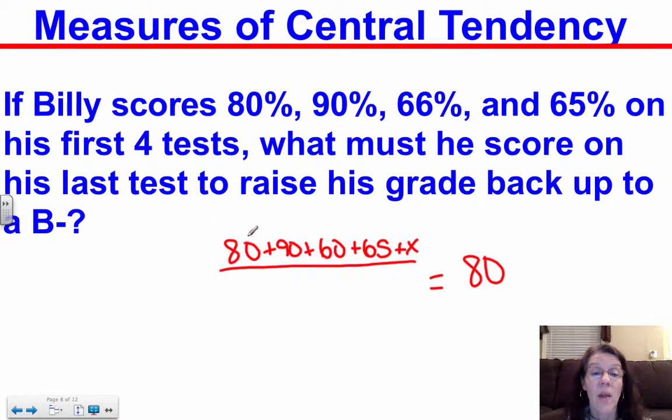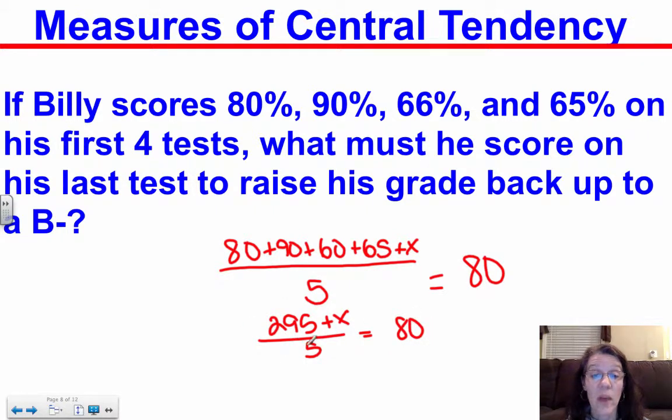How many things are we adding? 1, 2, 3, 4, 5. We are adding 5 things. So let's add all this up together. And when we do that, we get 80 plus 90 plus 60 plus 65 is 295 plus X over 5 equals 80.